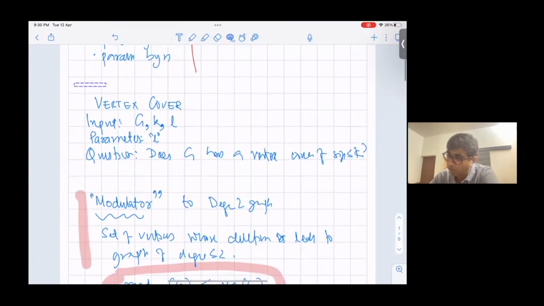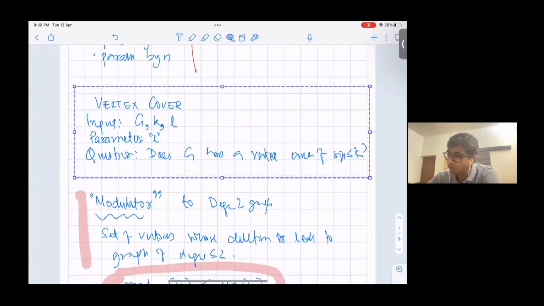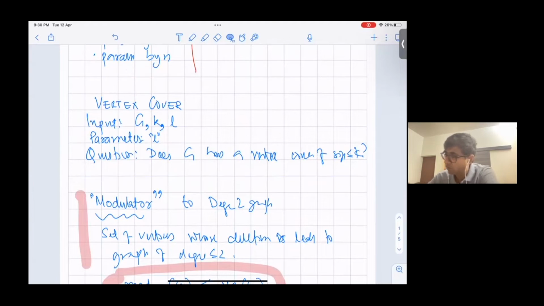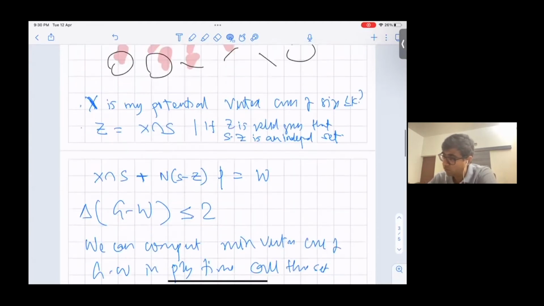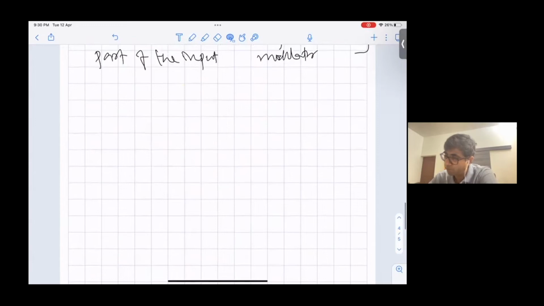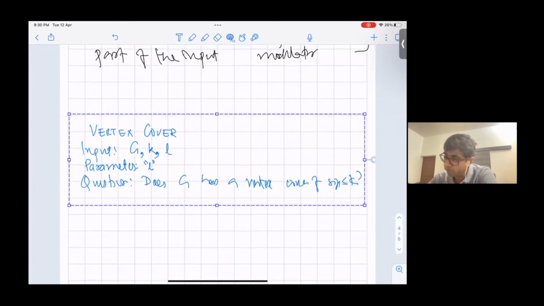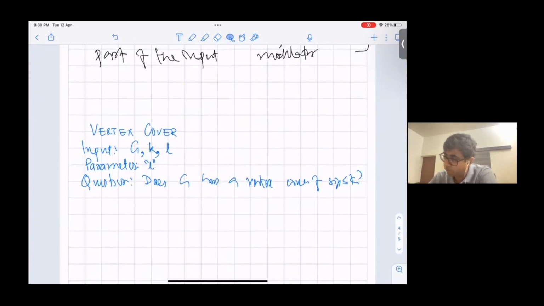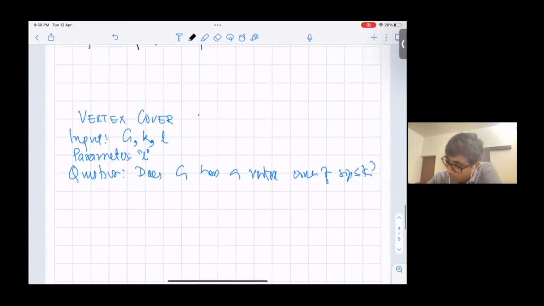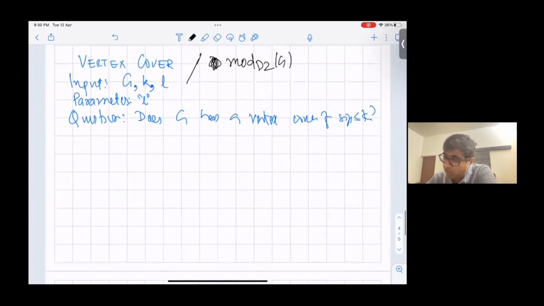Now imagine that I did not give you S. What can we do? This is parameterized by, lots of people write, modulator to degree 2, or degree 2 modulator. So what is the question now?